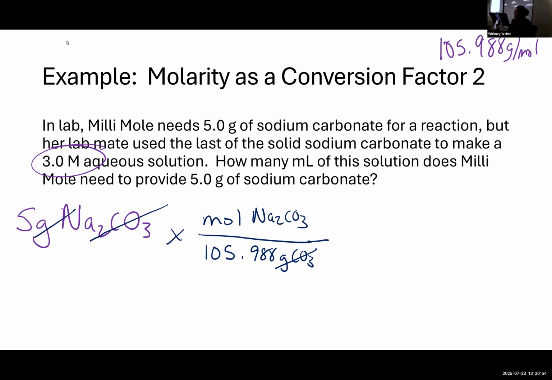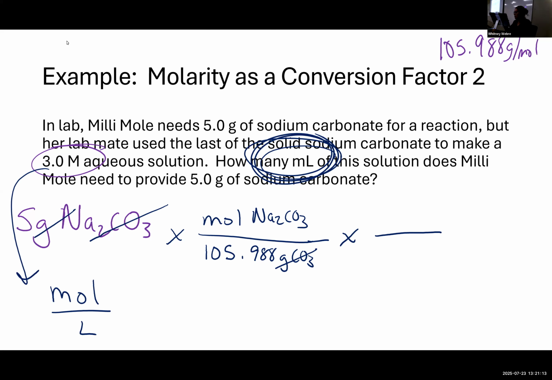It's asking us to figure out milliliters. I need to go from moles to liters. So this is when I need to incorporate my concentration. Concentration is moles per liter, but I want to get rid of moles.